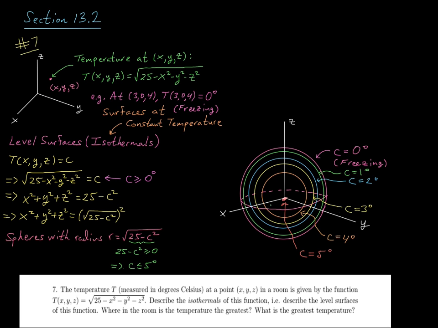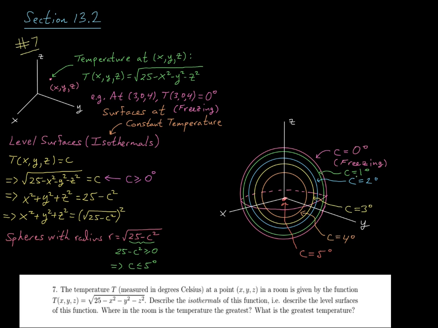Okay, so a couple things to highlight. Notice when c is 0, so in other words, when we're at freezing temperature, if I plug 0 in for c, I'm just going to get this square root of 25, which is just 5. So we're saying that this outermost sphere is a sphere of radius 5, and it consists of all points in our room, right, that are at a freezing temperature.